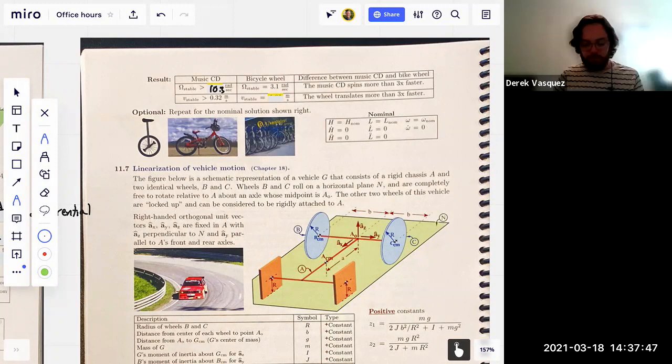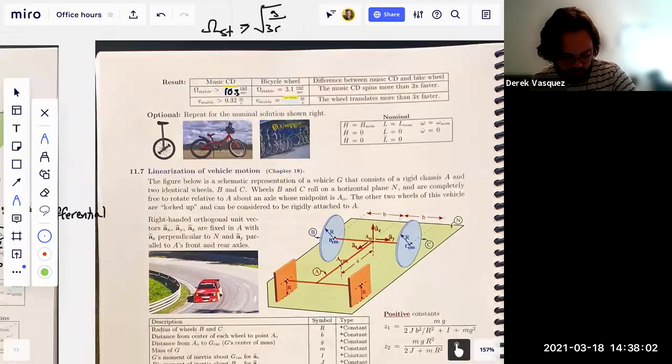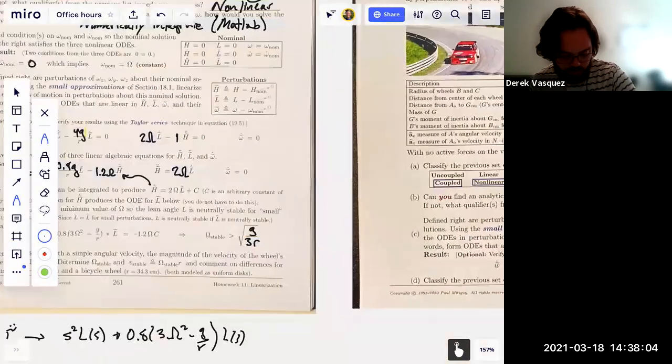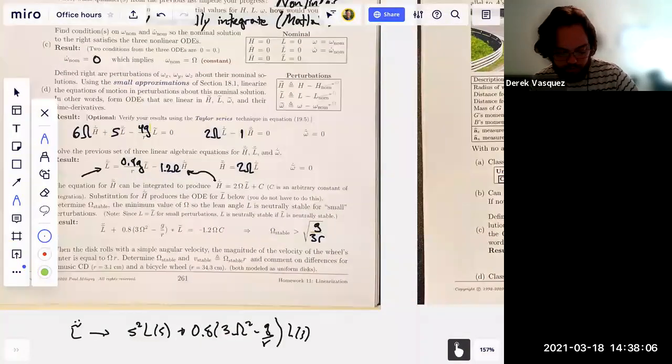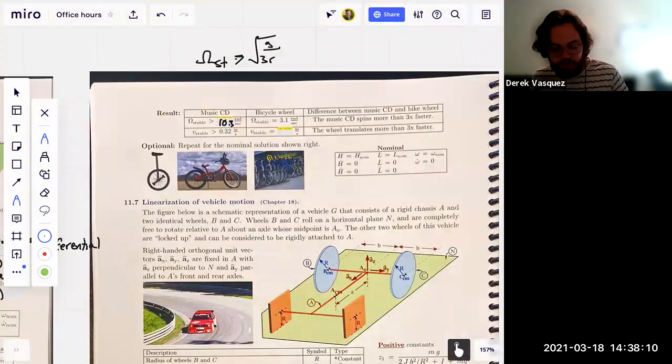Omega stable for a bicycle wheel, by the same process, omega stable greater than square root of g over 3r. Our bicycle wheel has a radius of 0.343 meters. That comes out to 3.1 radians per second.